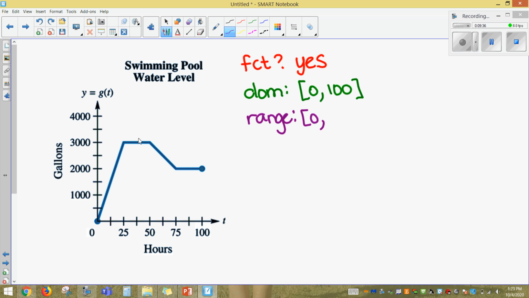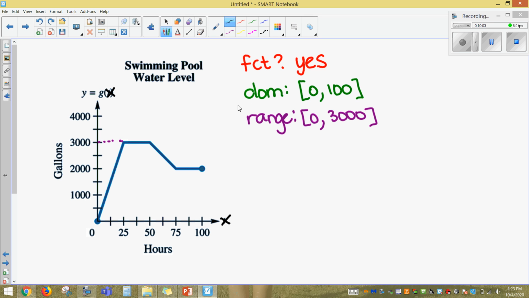And the highest point on my graph looks like it lines up with 3000. So this is, instead of being a function of x, it says it's a function of t. I'm going to go ahead and change them to x's just so they match up with what we've been saying, but it's fine to leave them as t's if you're comfortable talking about this being a function of t.